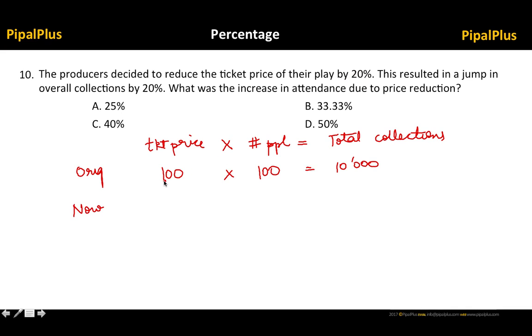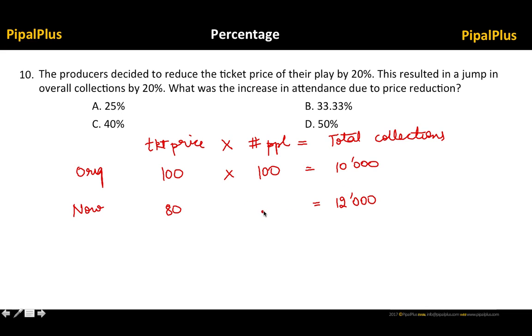So if I reduce 100 by 20%, I'm left with 80 rupees per ticket, right? Now the increase in overall collections is 20%. This 10,000 has increased by 20%, right? So basically 120% of 10,000 is 12,000 rupees, right? So from 10,000 to 12,000 is a 20% increase, right?